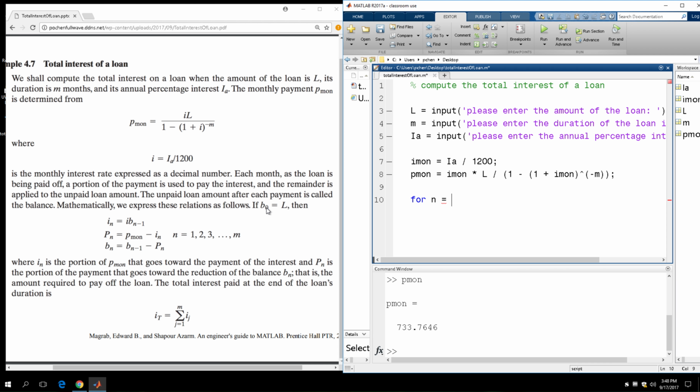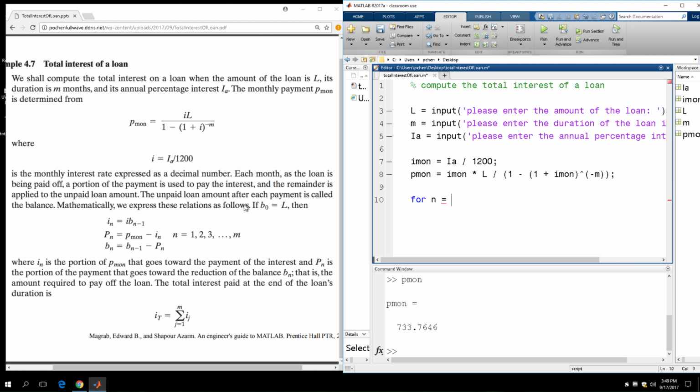If we want to use arrays to represent I, P, B, and use n to index into them, then we're going to have trouble if we start n with 1. If n starts with 1, 1 subtract 1 is 0. B0 is fine with math, but it's not fine with MATLAB, since there's no 0 index.